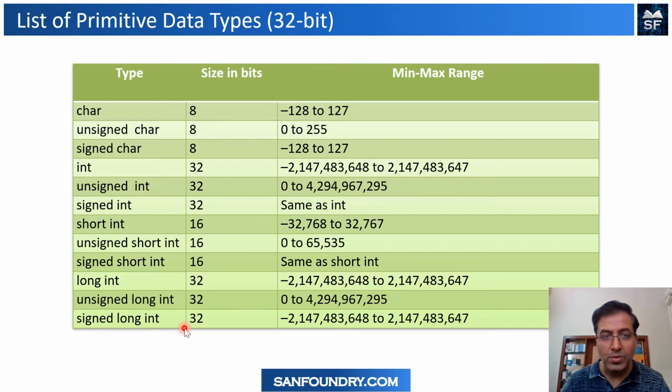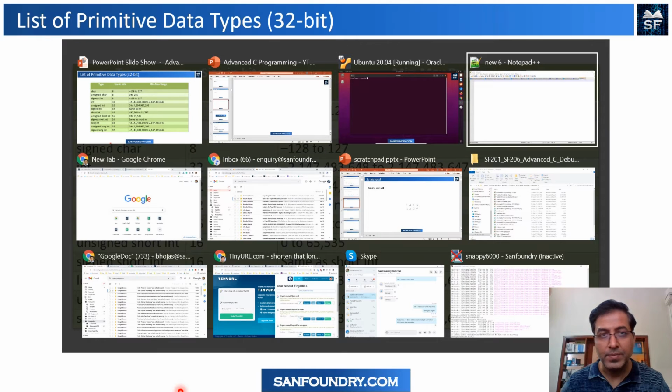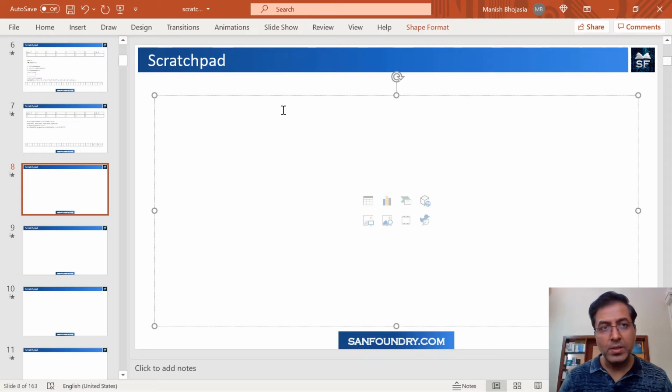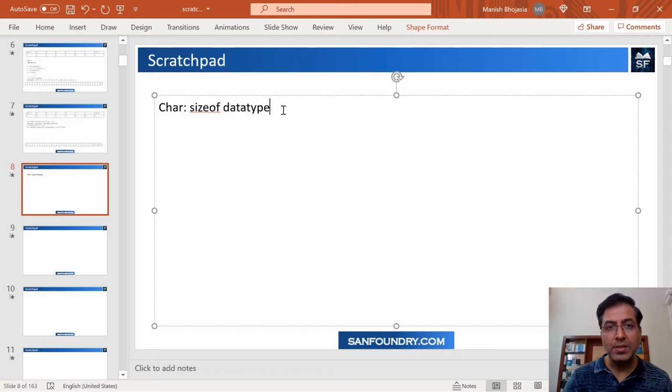Okay, so let's go to the Scratchpad and try to understand them with a proper explanation. Let's look first at the character. What is the easier way in which we can calculate it? The only thing we need to remember is the size of the data type.